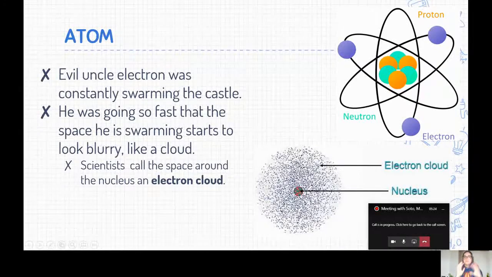The most actual representation of what an atom looks like is this bottom picture here, where we have our actual electron cloud. So in this cloud, we know the electrons are there. We don't know exactly where they are.